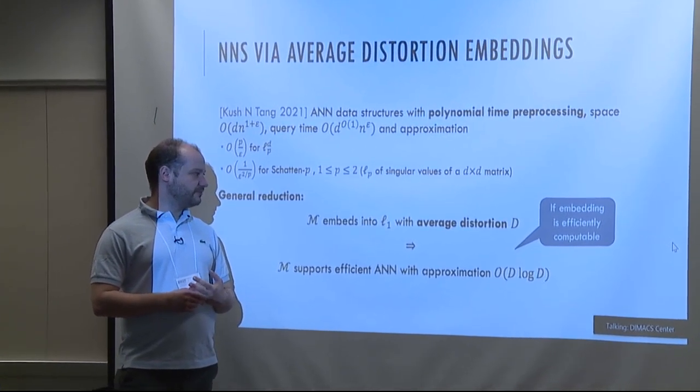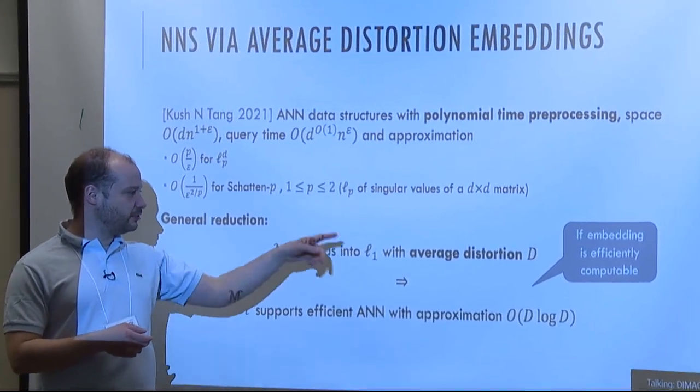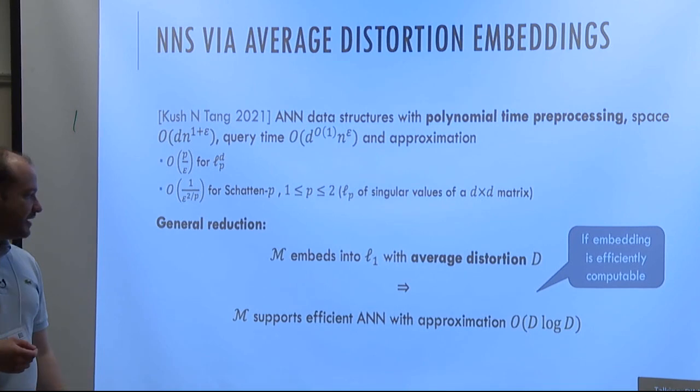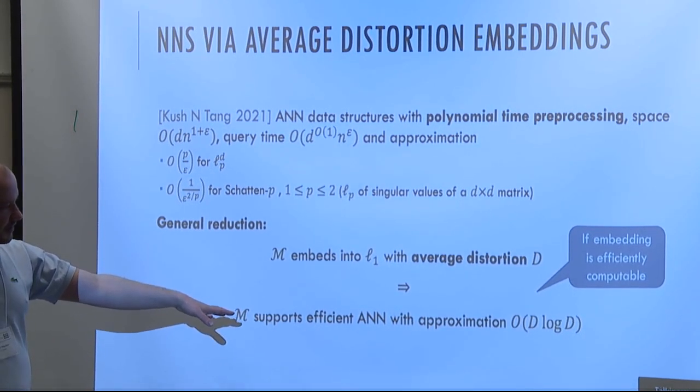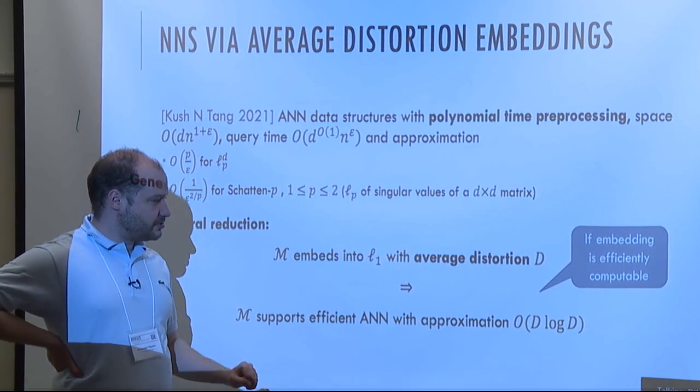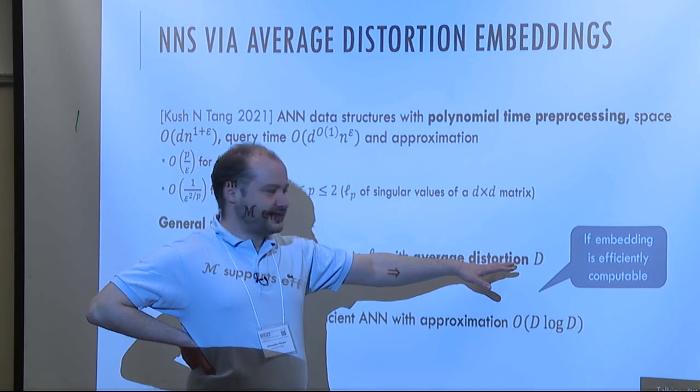But the weakest assumption I can make is embedding into L1 with average distortion D. That gives an efficient approximate nearest neighbor search data structure with almost the same approximation. So with approximation that's almost the same as the distortion.